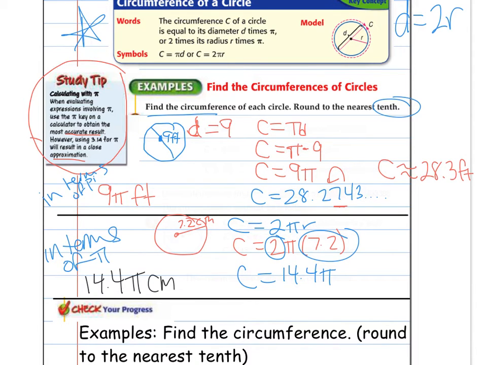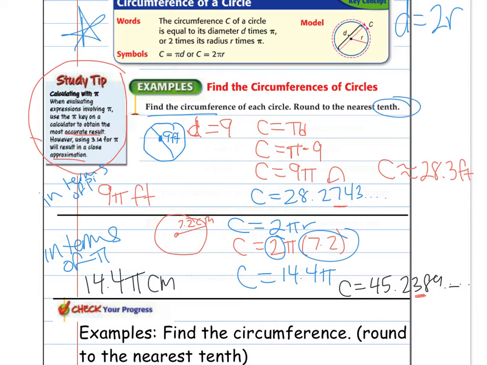But to actually work it out, using pi, I get my circumference is 45.2389, etc. So then I round to the tenths, so I look to my hundredths.